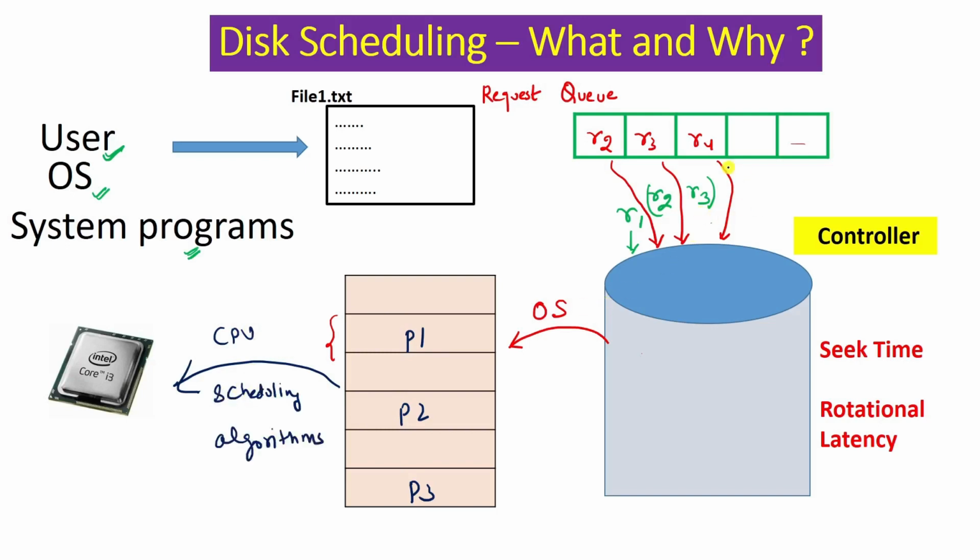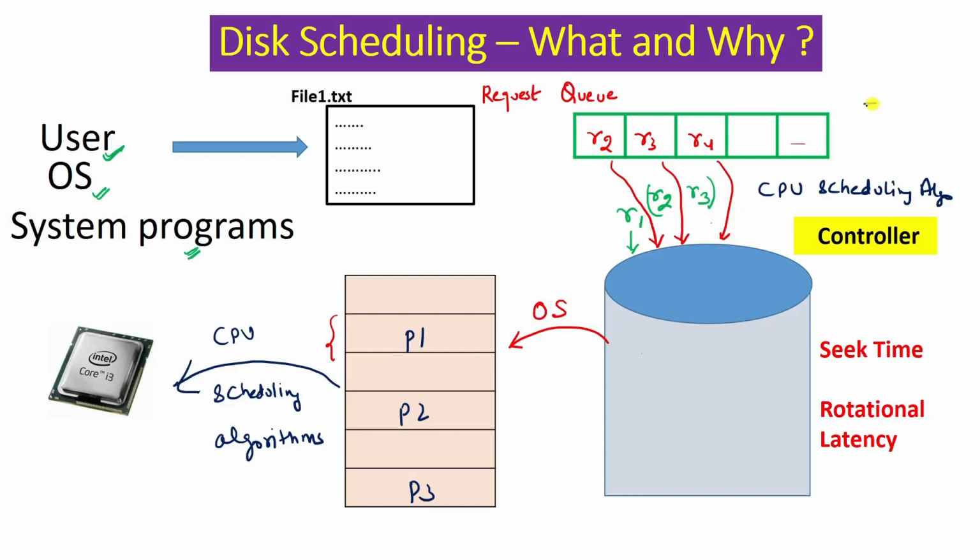The same way, there are many different types of disk scheduling algorithms which will tell in which order your requests from this queue should be forwarded or put on your hard disk. So it is not the case that R2, R3, R4 are here, so first R2 will be taken up, then R3, then R4.